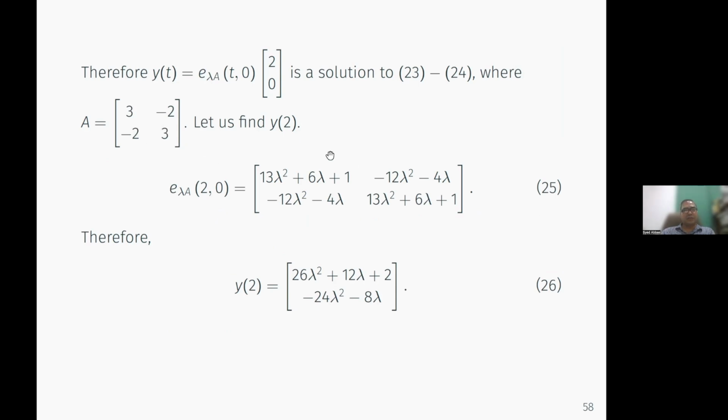Now we want to find y of 2, and y of 2 is given by e lambda A 2, 0. So we need to compute e lambda A 2, 0, which is given by this value. And therefore, y2 is given by this column matrix: 26 lambda square plus 12 lambda plus 2, and then the second is minus 24 lambda square minus 8 lambda.